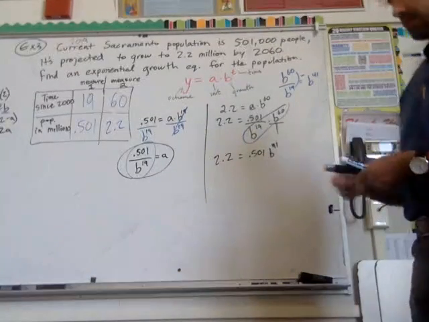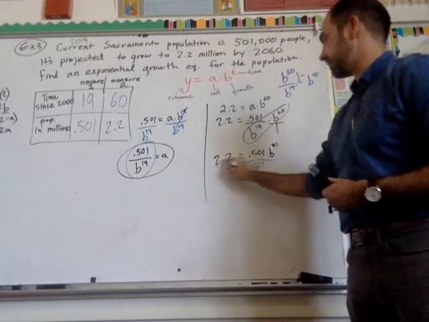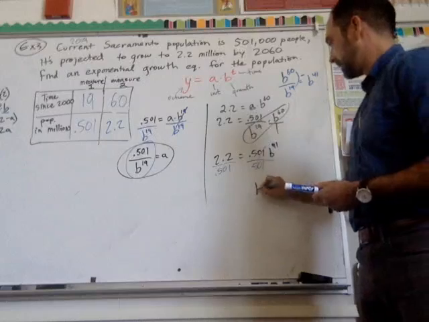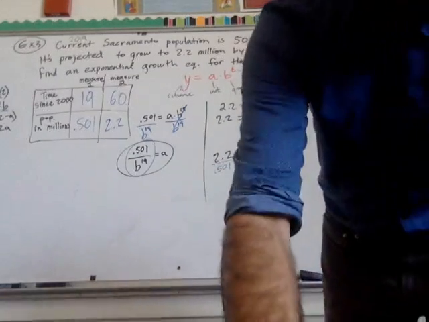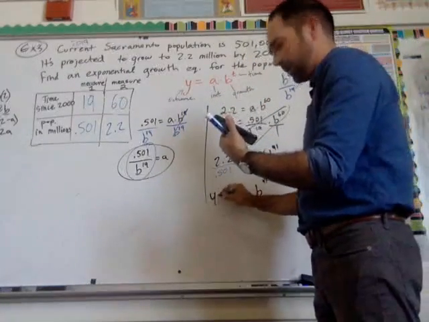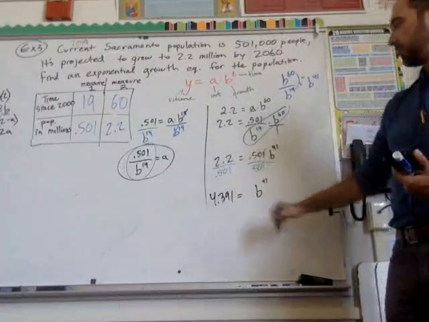All right, so now let's isolate b. Let's divide by 0.501. Just get rid of that. Gone. b to the 41st is equal to, and I'm just going to start throwing out some numbers here, 4.391. That's just this divided by this.